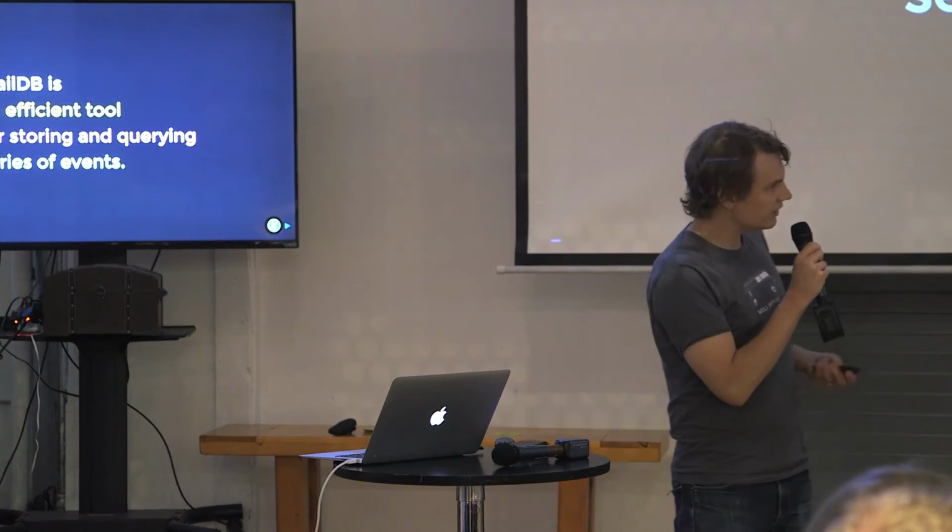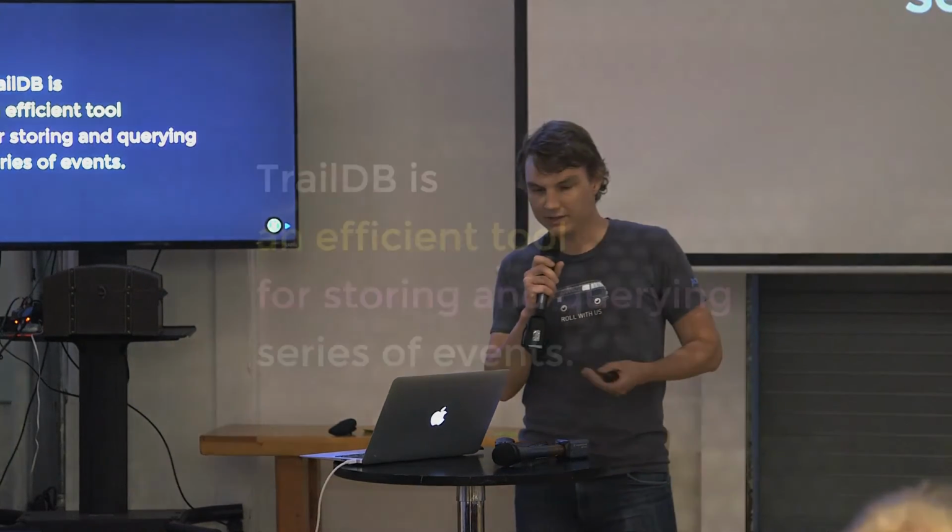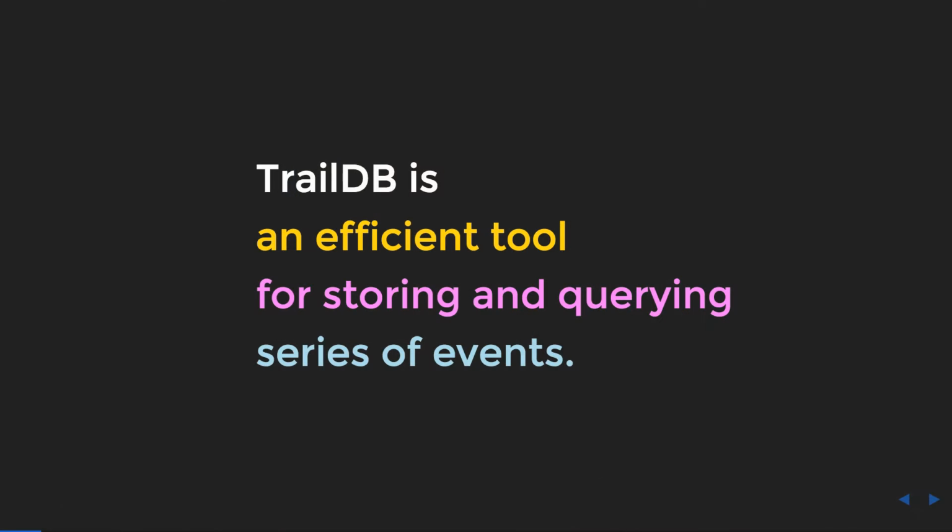So what TrailDB is. TrailDB is an efficient tool for storing and querying series of events. What that means is that, first, it's an efficient tool, which means that it's not a framework. It's not like Spark. It's not like Hadoop, or any kind of big platform that would require you to stop doing whatever you have been doing before.